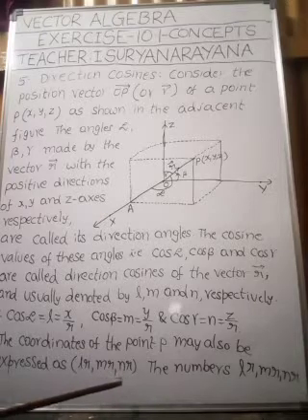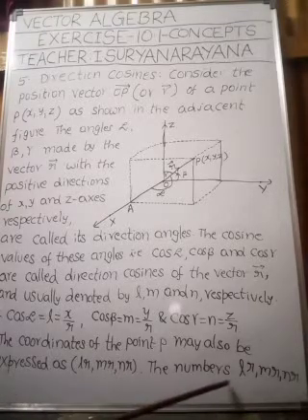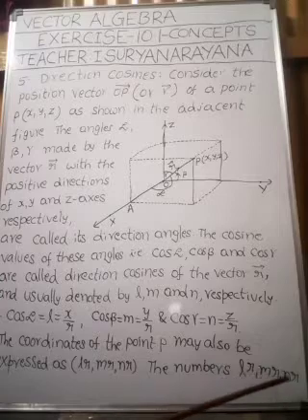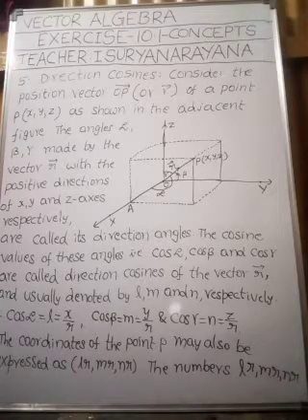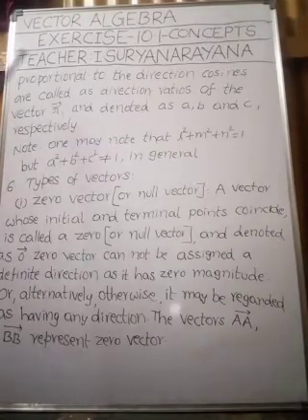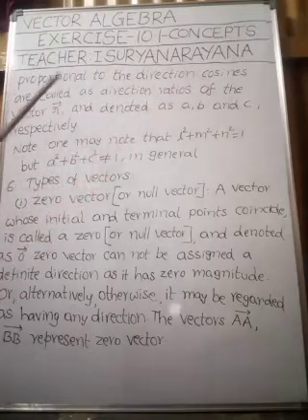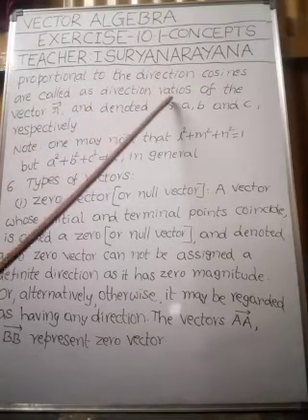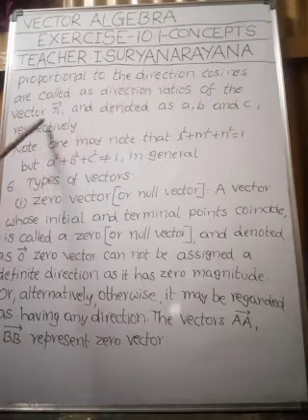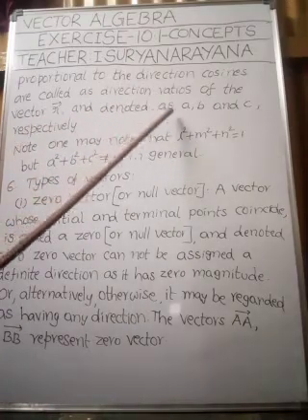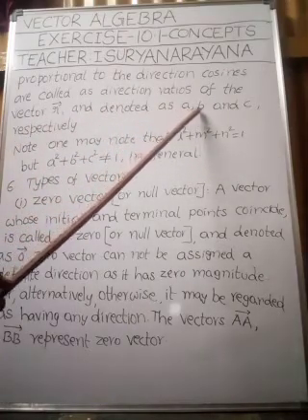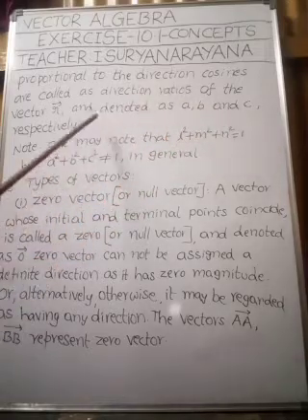Understood this point? The numbers proportional to the direction cosines are called direction ratios of the vector R bar and are denoted by small letters a, b, and c respectively.